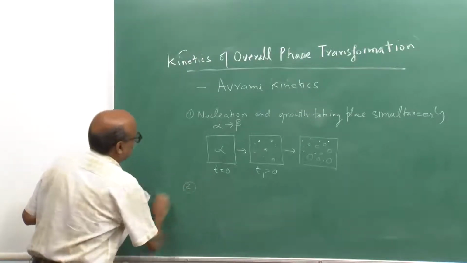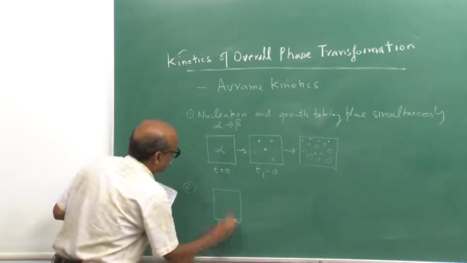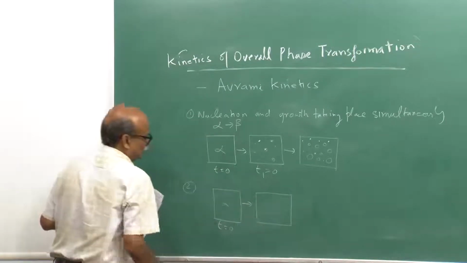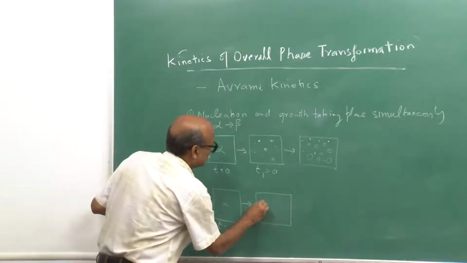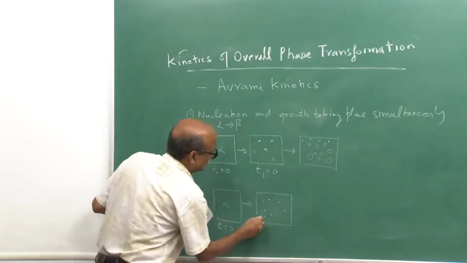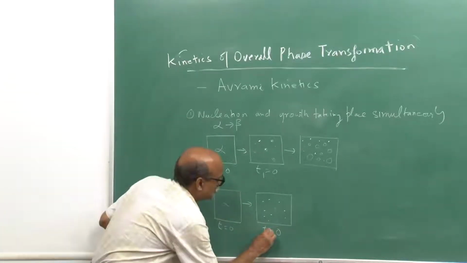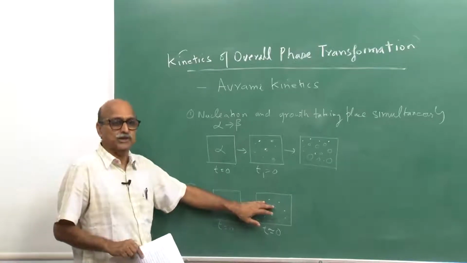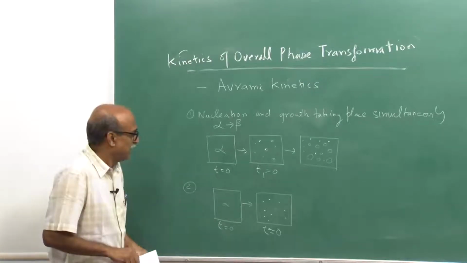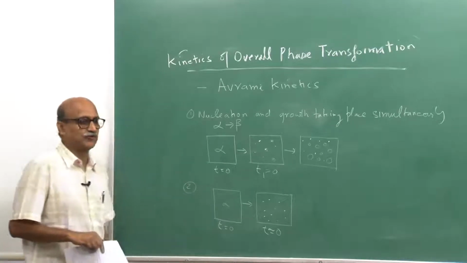Second scenario one can consider is at t equal to 0, we have the alpha phase, and within a very small fraction of time nucleation is complete. So, essentially at t equal to 0 itself, more or less, nucleation is complete. Now, this is a possibility in a situation where heterogeneous nucleation is taking place and there are limited nucleation sites for heterogeneous nucleation.